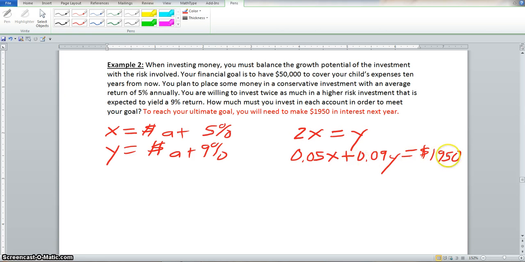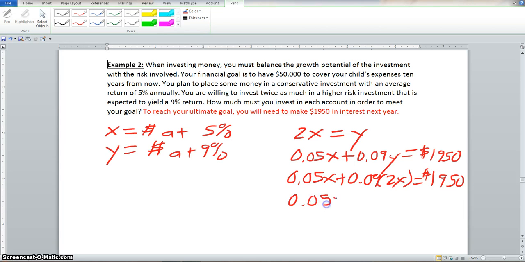So what we could do in this problem here, we'll substitute in 2x for y. So now we'll have 0.05x plus 0.09 times 2x is 0.18x, and that equals 1,950.